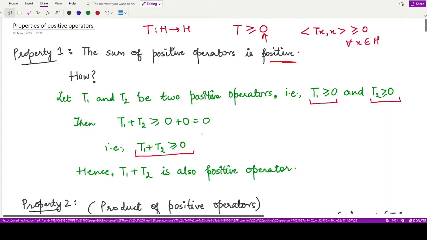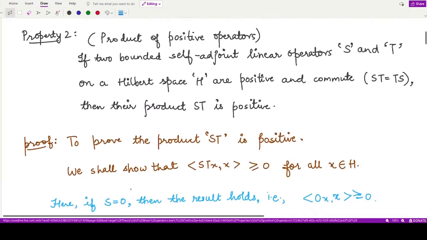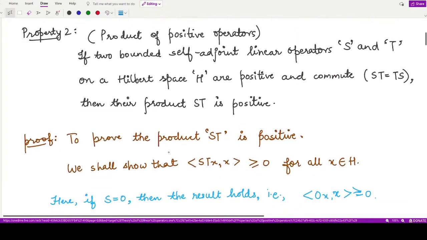Next, moving on from the sum, what can we say about the product of positive operators? This is the second property and the second result here. In order to talk about the product of positive operators, we have this result.